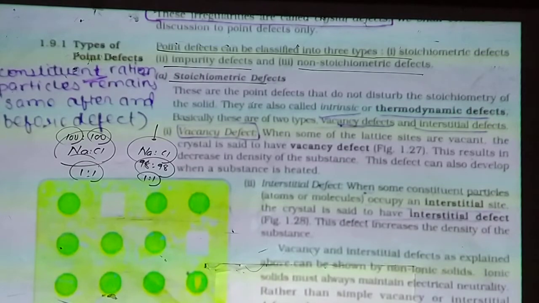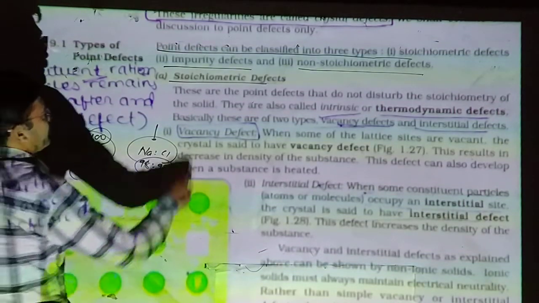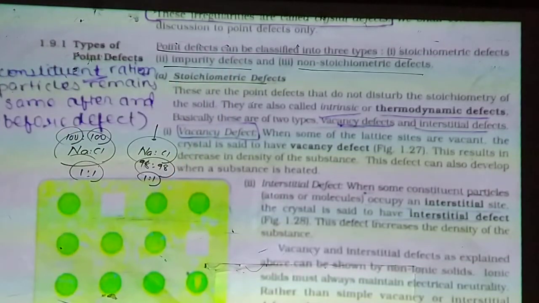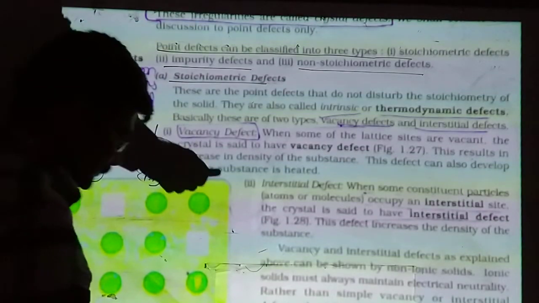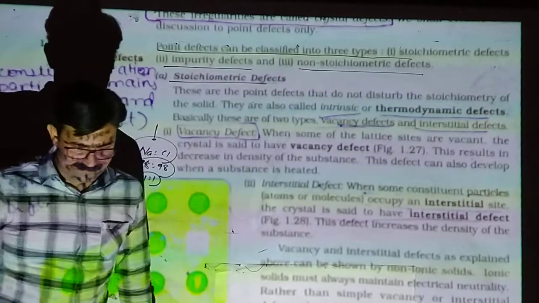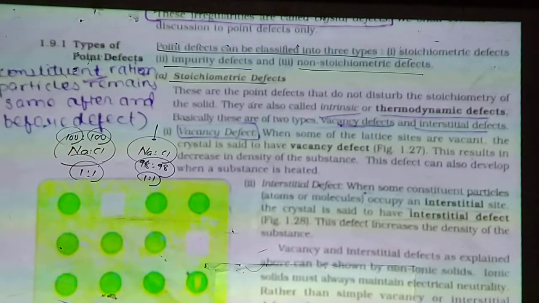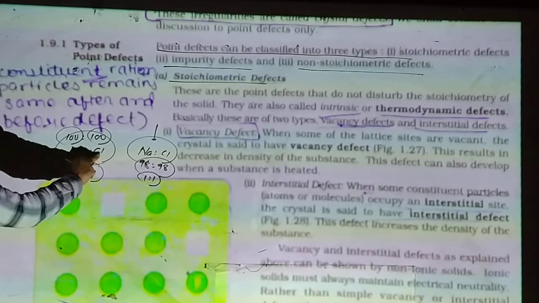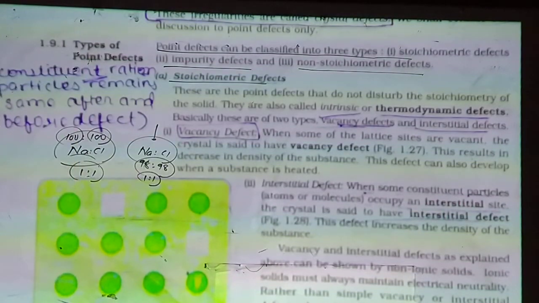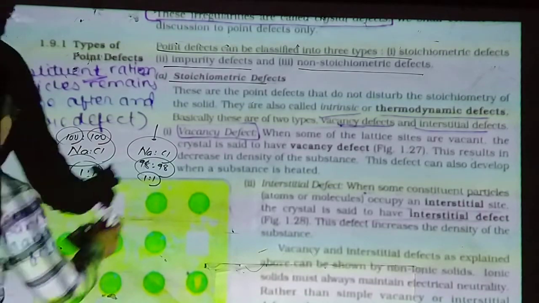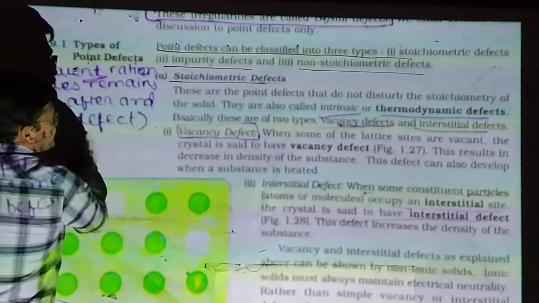In simple words, I am giving you a definition for better understanding of this word. Store in your mind, stoichiometric defect means before defect and after defect the ratio of the constituent particles remains the same.